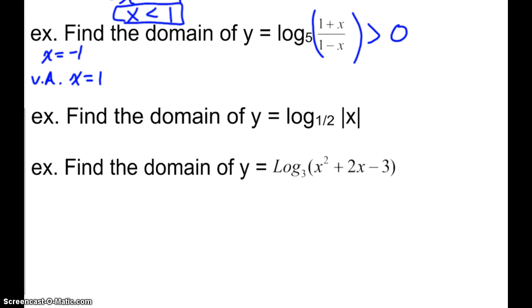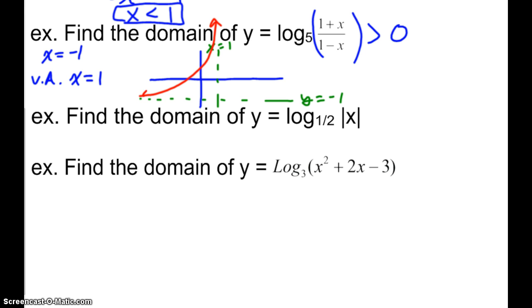And then we can either do test points on each side of those, or we can draw a sketch of the graph. If we draw a sketch of the graph, we'll see that the graph has a vertical asymptote at 1, and a horizontal asymptote, if we want to draw that in, at y equals negative 1. It's going to cross the x-axis at negative 1 and then get infinitely close to the vertical asymptote at positive 1.